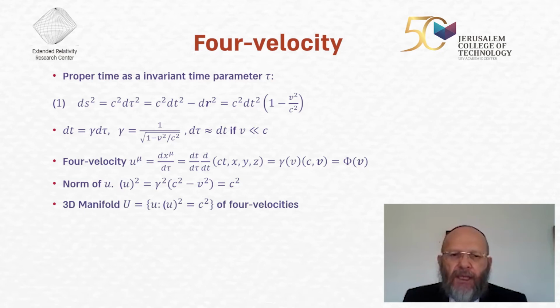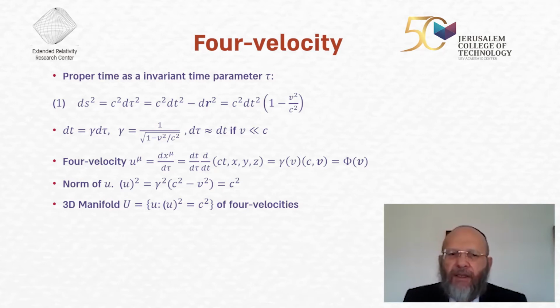So really, they form a three-dimensional manifold. All the four-velocities are four-vectors from Minkowski space such that the norm of them is c squared. If the norm of them is c squared, you can go backward and you can find v.